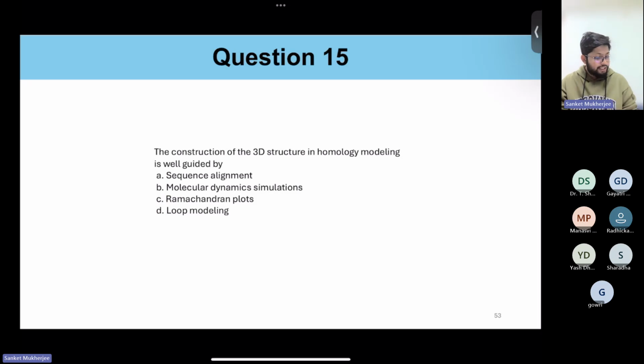The construction of 3D structure in homology modeling is well guided by the sequence alignment, molecular dynamics simulation, Ramachandran plot, or the loop modeling. Any answers?